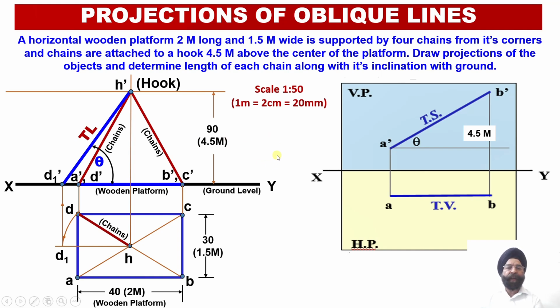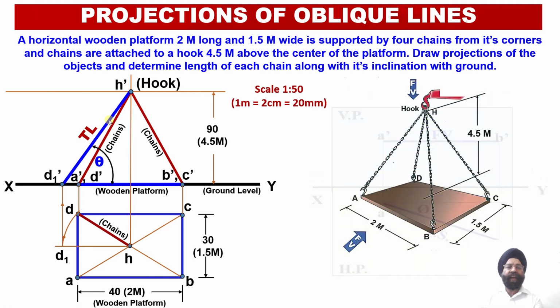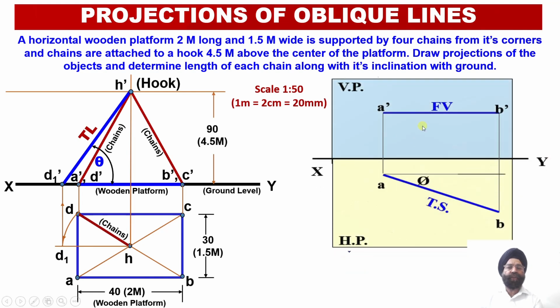For that purpose, we need to evaluate the true length of this particular chain even in the top view. In order to evaluate the true length of this chain in the top view, we know that we will be able to obtain it only when the apparent length of the projection in elevation becomes parallel to the horizontal plane.